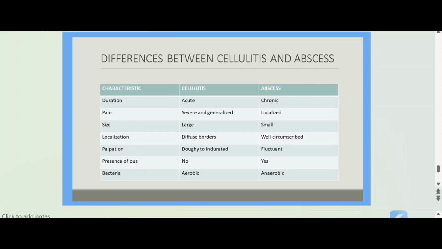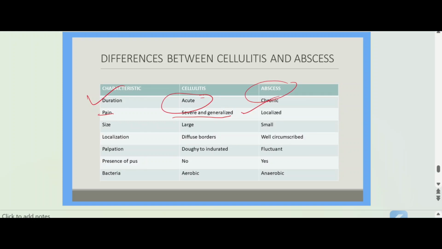Now coming to the last slide, this is a slide showing the difference between cellulitis and abscess. First of all, cellulitis is an acute condition, whereas abscess can be chronic. In cellulitis, there is severe and generalized pain, but in case of abscess, the pain is localized to the area.